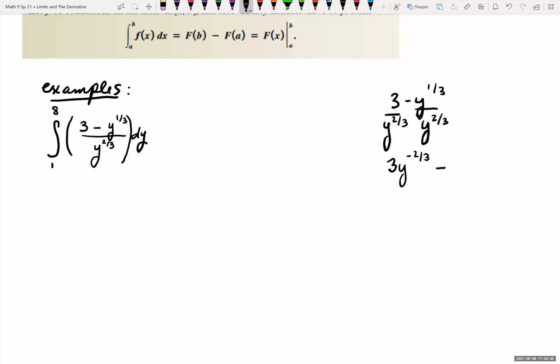So 1/3 minus 2/3 gives me a negative 1/3. So now we've rewritten that integrand so that we can just integrate without any substitution. So the integral from 1 to 8 of 3y to the negative 2/3 power minus y to the negative 1/3 power, all this dy.